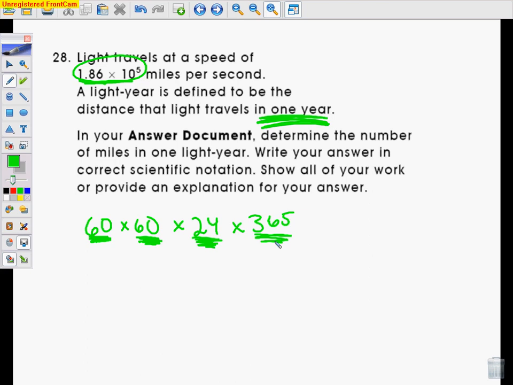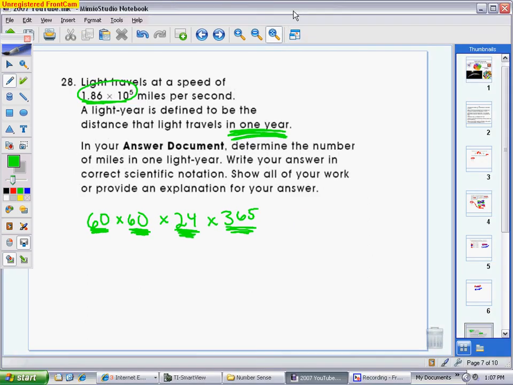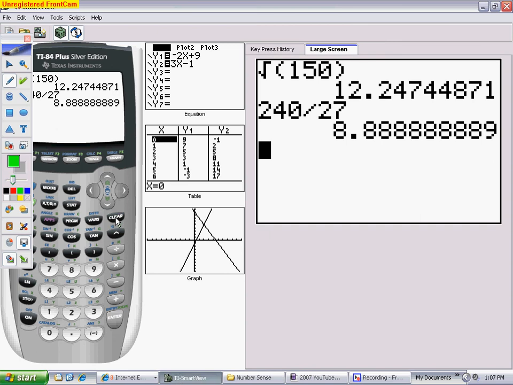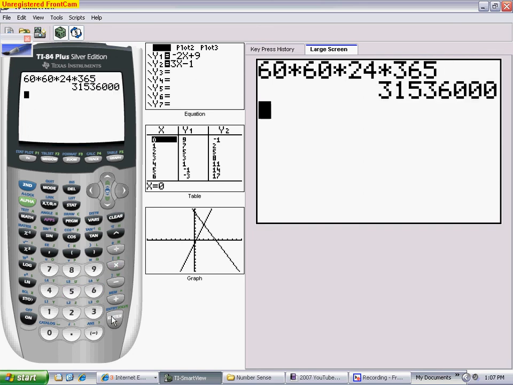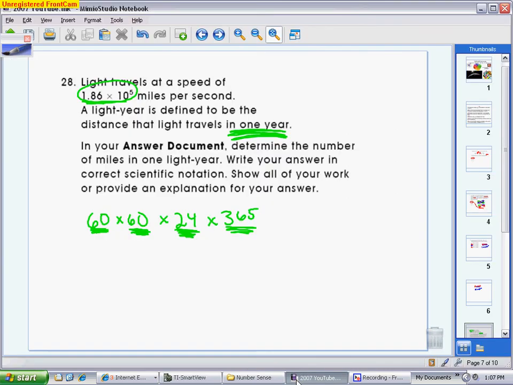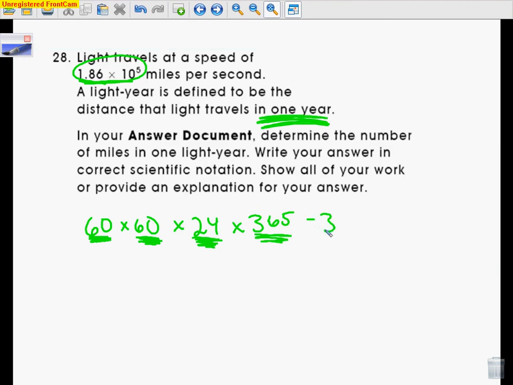So let's go ahead and do that. 60 times 60 times 24 times 365 gives us that there are a total of 31,536,000 seconds in a year. So this is how many seconds are in a year.